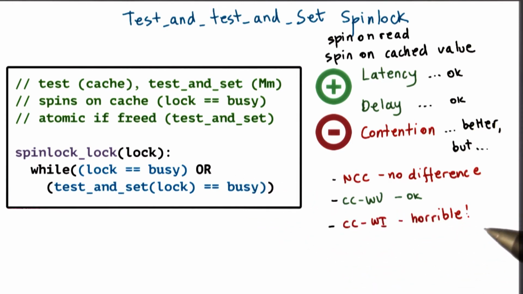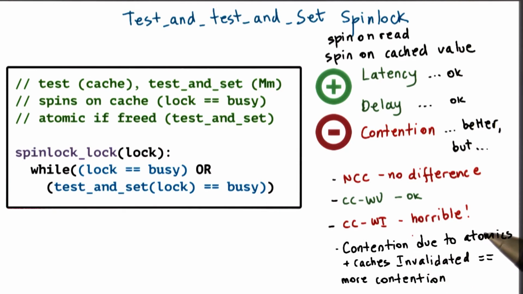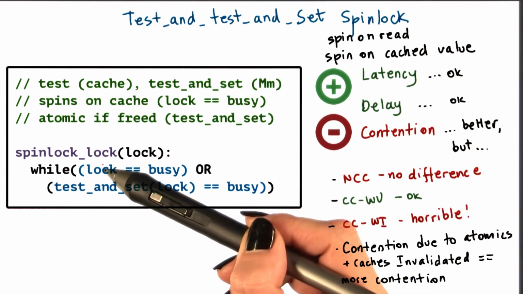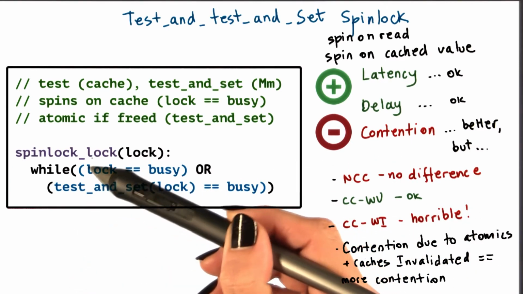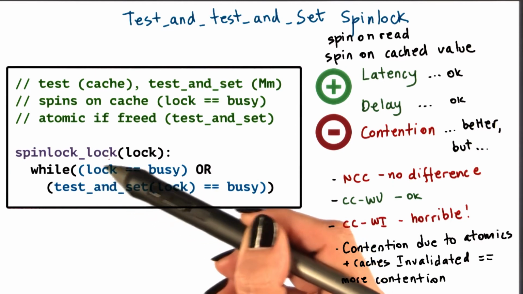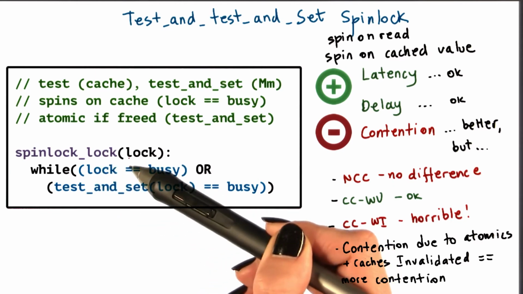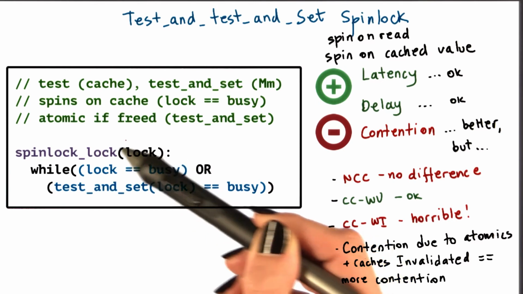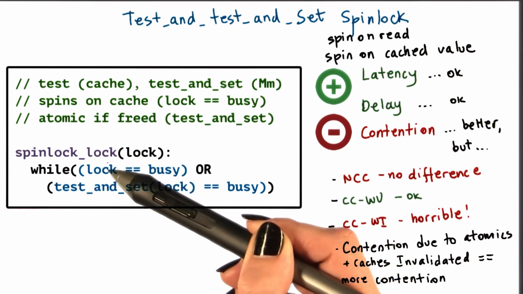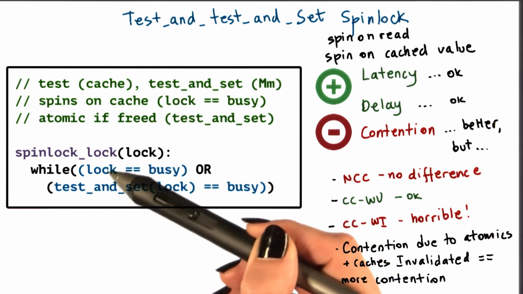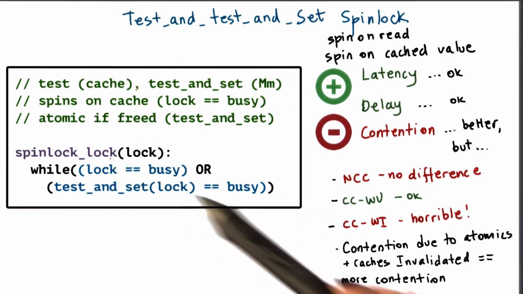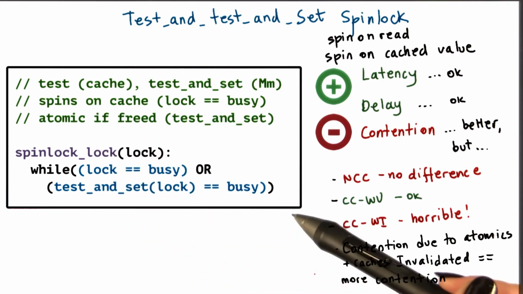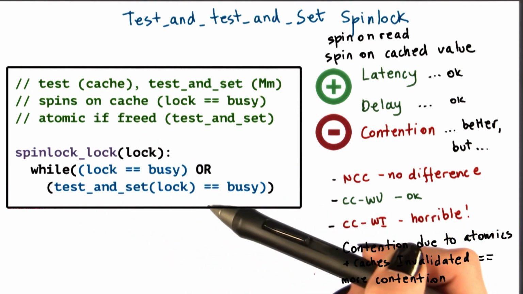However, as far as the caches in the system are concerned, that atomic instruction just invalidated their cached copy of the lock. The outcome of that is they will have to go out to memory in order to fetch this copy of the lock that they want to be spinning on. So they will not be able to just spin on the cached copy. They will have to fetch this lock value from memory every single time somebody attempts to perform an atomic instruction.